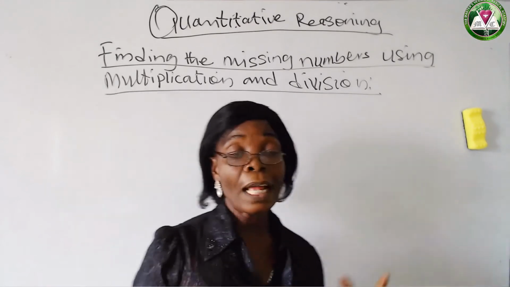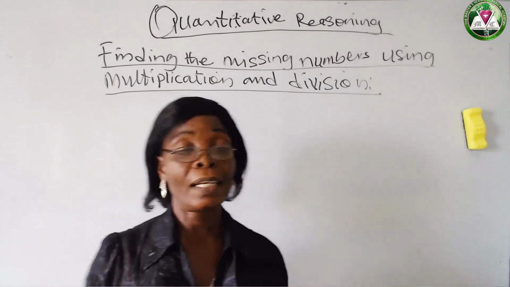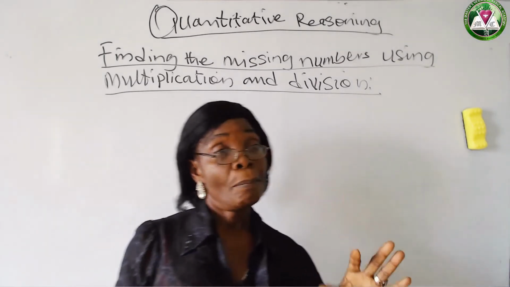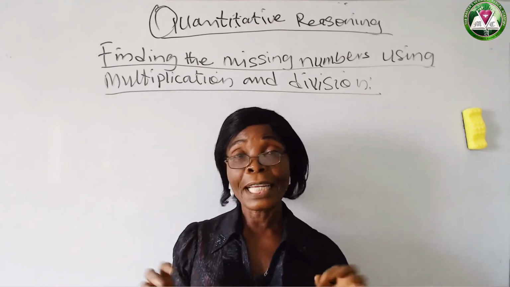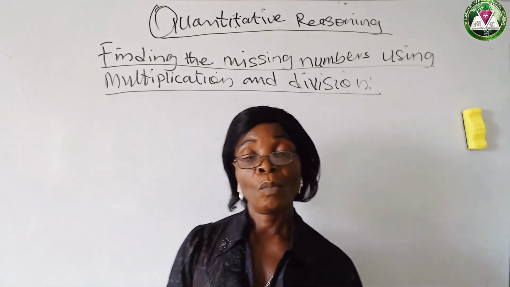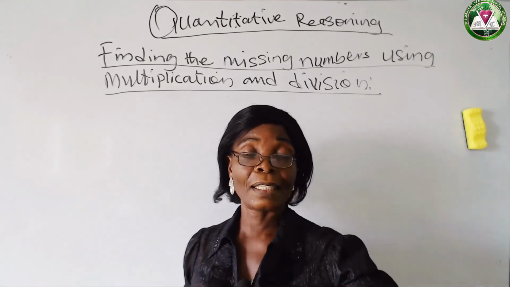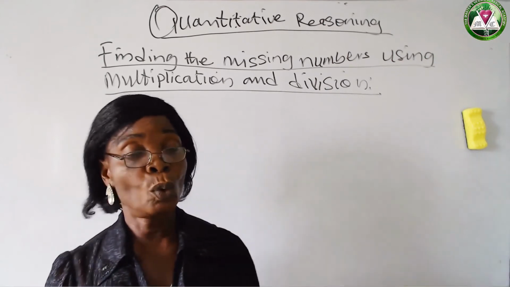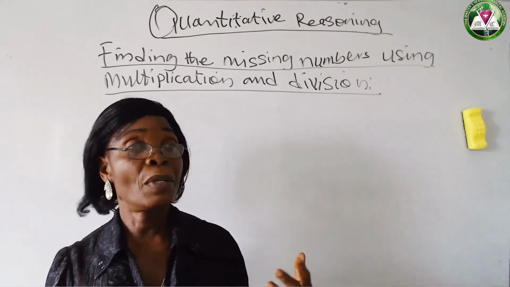These steps are, number 1, you have to introduce letters. The moment the problem is given to you, study the problem. After studying the problem, you now introduce letters. Number 2, you have to operate on the letters. What does this mean?